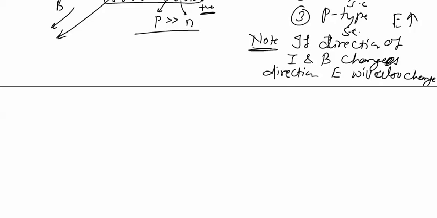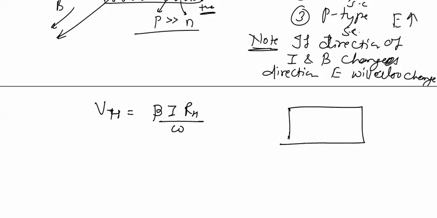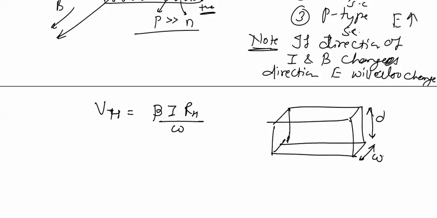Now we will see some equations related to Hall effect which can be asked in the examination. Problems can be asked in the examination. The Hall voltage developed in the material is mathematically given by Vh equal to B I RH upon W, where W is the width of material, this dimension, and t will be the thickness of the material, I is the current flowing through the material, and B is the applied magnetic field.